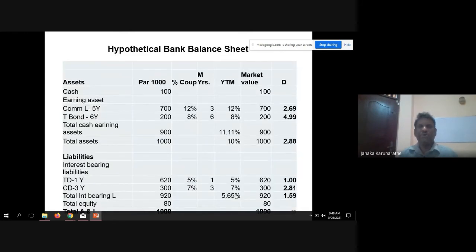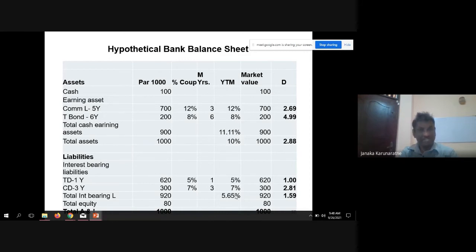Okay, let's move on to an example. Very simple hypothetical balance sheet. It has cash 100. The commercial loans, 5-year loans of 700 par.